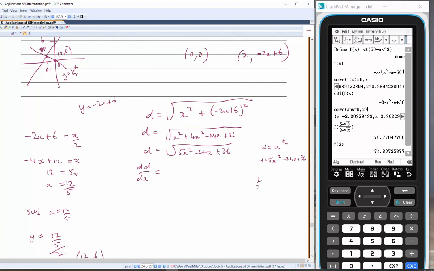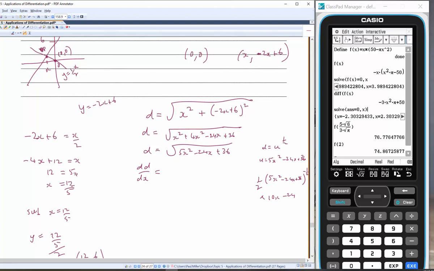So it's going to be half u, which is 5x squared take away 24x plus 36 to the negative half, multiplied by the derivative here, which is 10x take away 24.